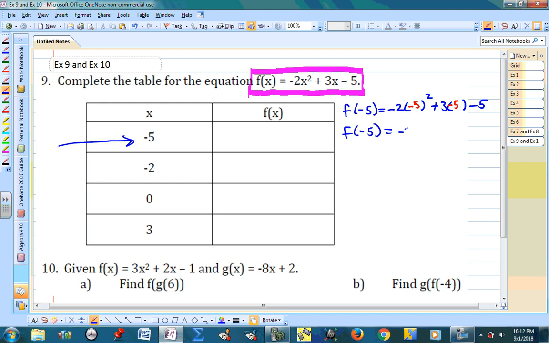This is going to give us negative 2 times 25, because negative 5 squared is 25, plus 3 times negative 5 minus 5.